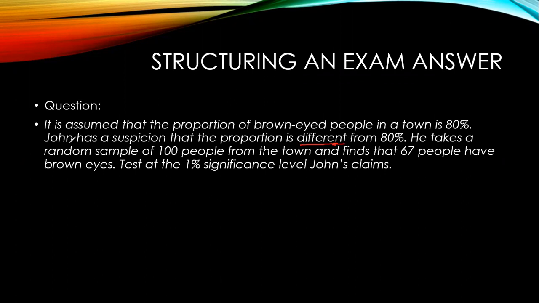If the question said John has a suspicion that the proportion of brown-eyed people is bigger than 80%, this becomes a one-tail test, but an upper-tail one. Because in this question, it says John has a suspicion that the proportion is different from 80%, so it could be lower, could be higher. There are two possible options, so this is a two-tail test.